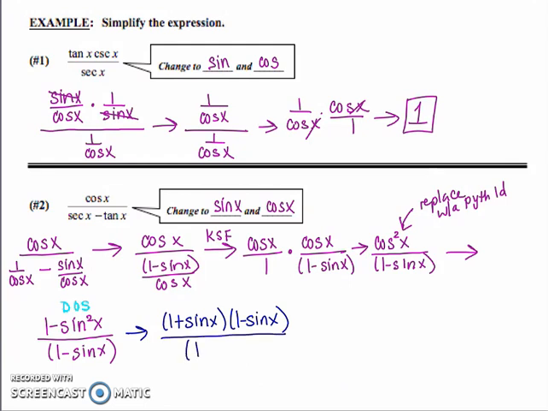And our denominator will remain 1 minus sine x. So now we can finally cross out that 1 minus sine x that we have in the numerator and the denominator. And our final answer here is going to be 1 plus sine x. And that is going to be as simple as it gets.